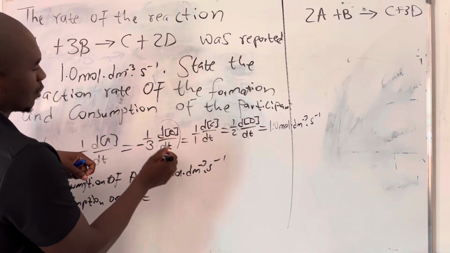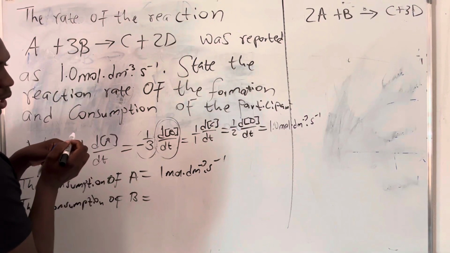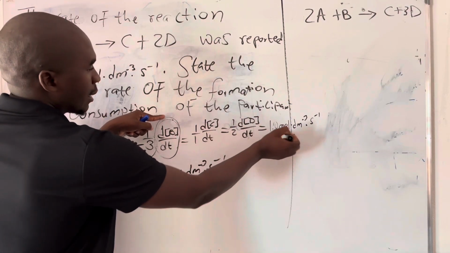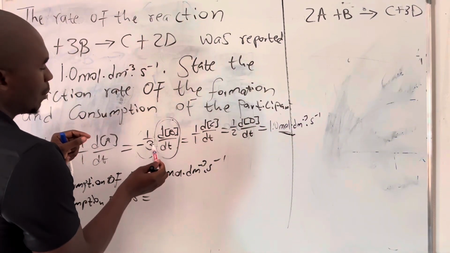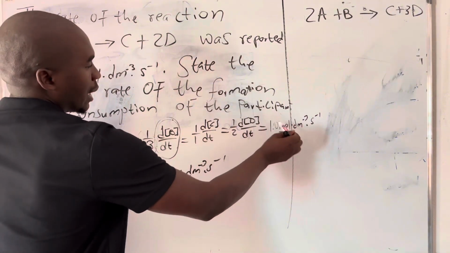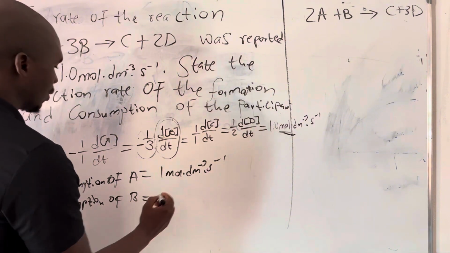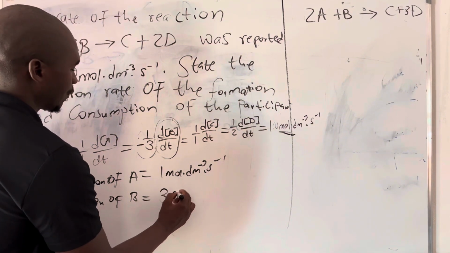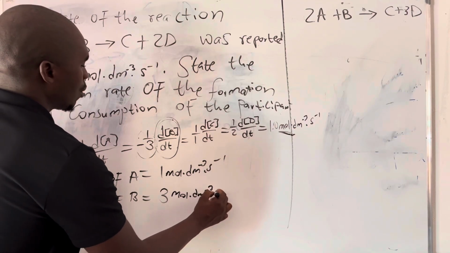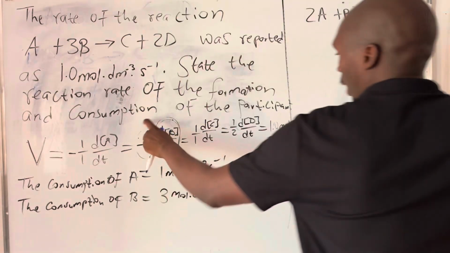So we have a problem here because we have this one here. We have no choice because we are relating this one and the final one, so we'll multiply here by 3, so that 3 will cancel 3, and we multiply here by 3 too. At the end of the day, we find the consumption being equal to 3 mole per decimeter cube per second, like that.